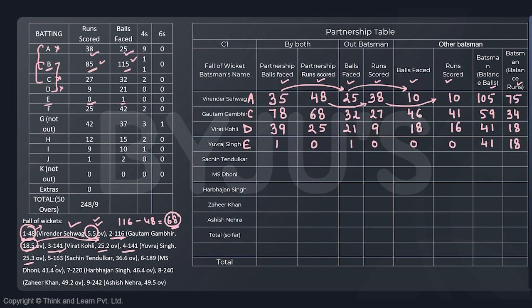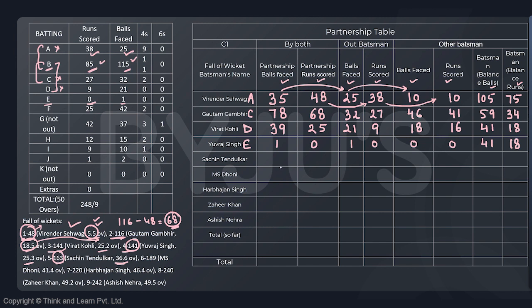Next player to get out was Sachin Tendulkar, right? At a score of 163, at the end of 36.6 overs, the partnership got over. Now 141 subtracted from 163 gives me 22.